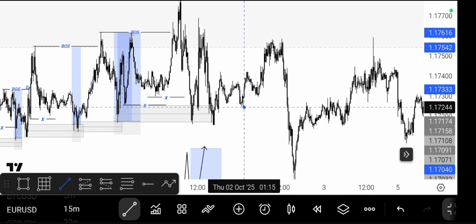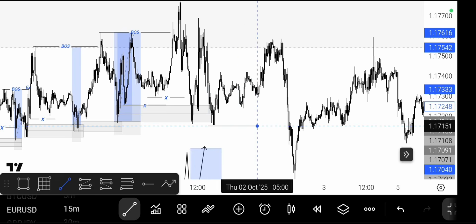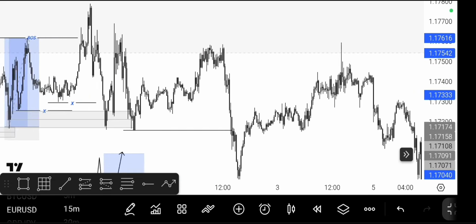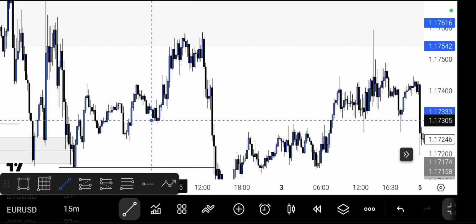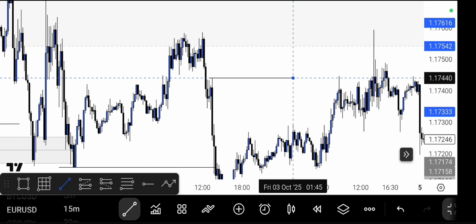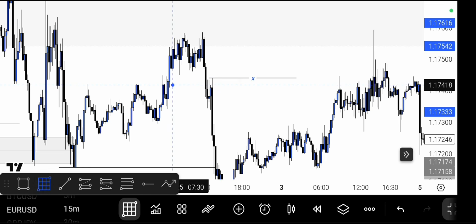So of course this was the last break of structure we had. This is a pile up liquidity, and this is the order block.